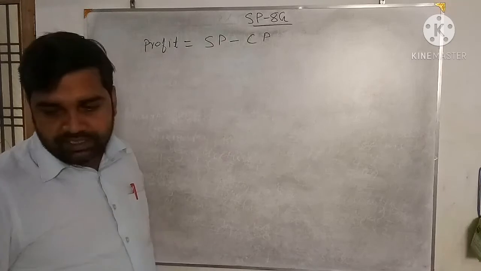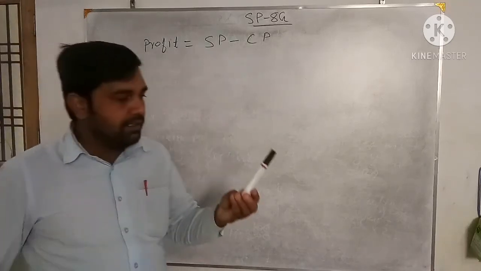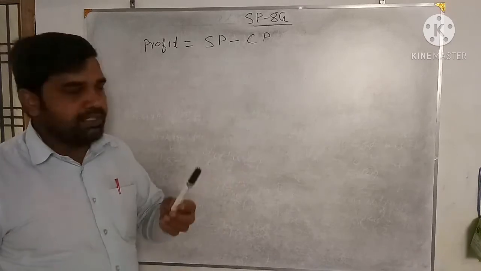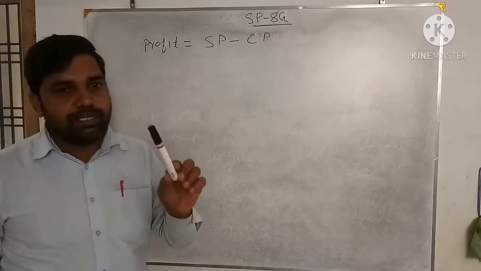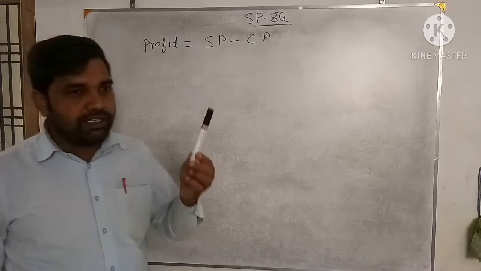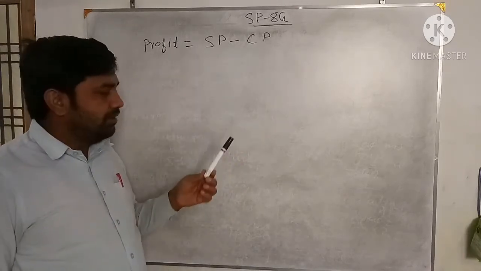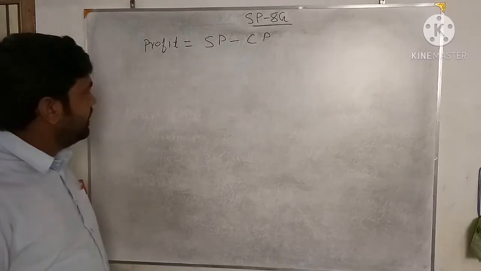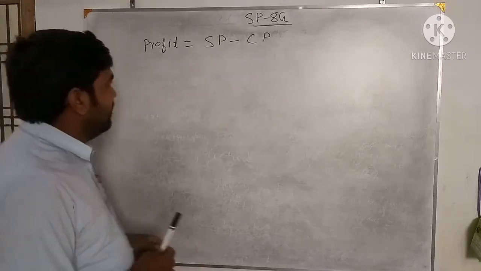Suppose a shopkeeper sells this marker for 20 rupees. So this is the selling price for the shopkeeper, and I have purchased this marker from the shopkeeper, so this 20 rupees is the cost price for me.